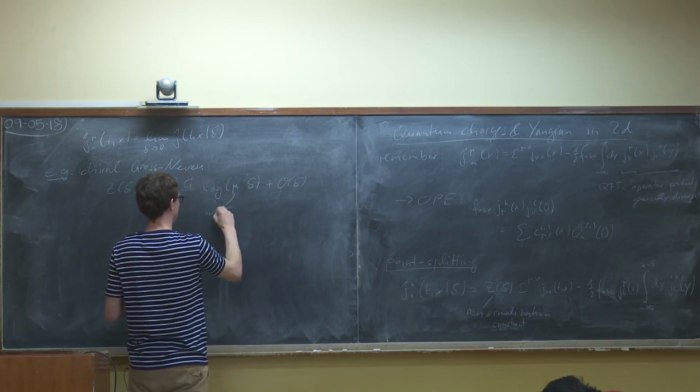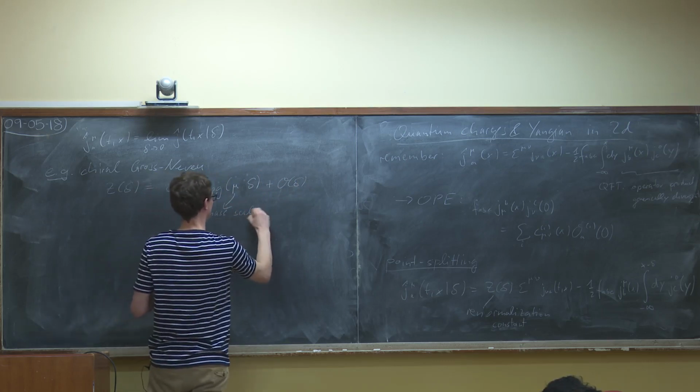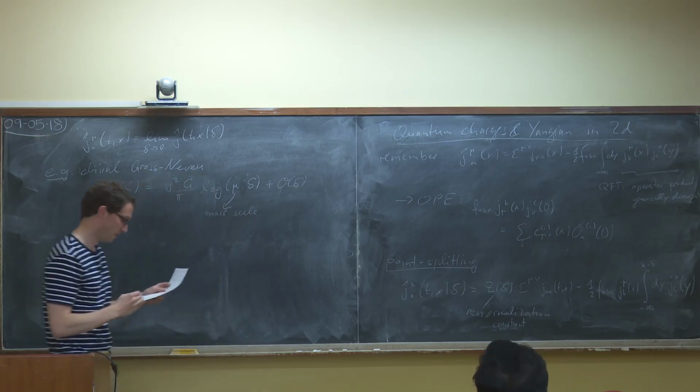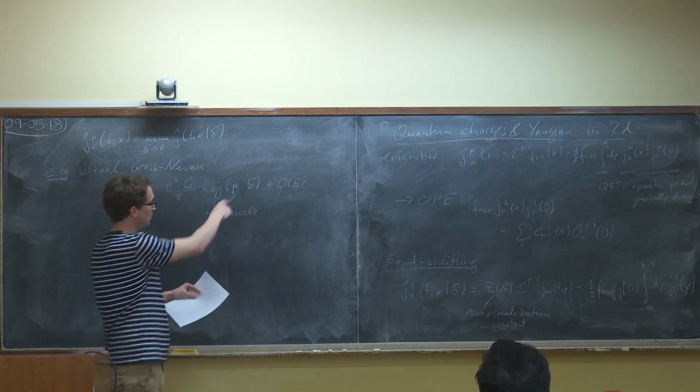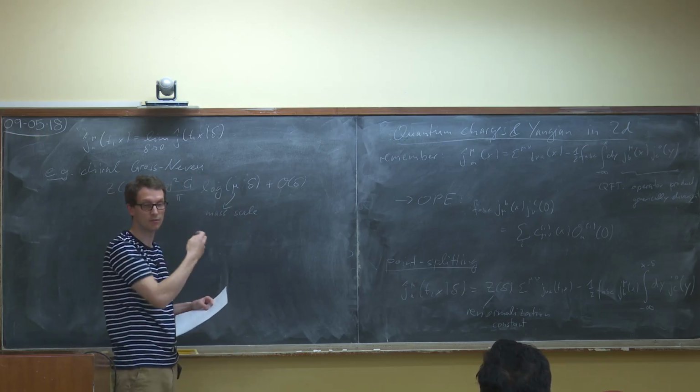This mu is a mass scale that I introduced in the quantum theory, and this mass scale actually generates the masses of the fermionic particles.